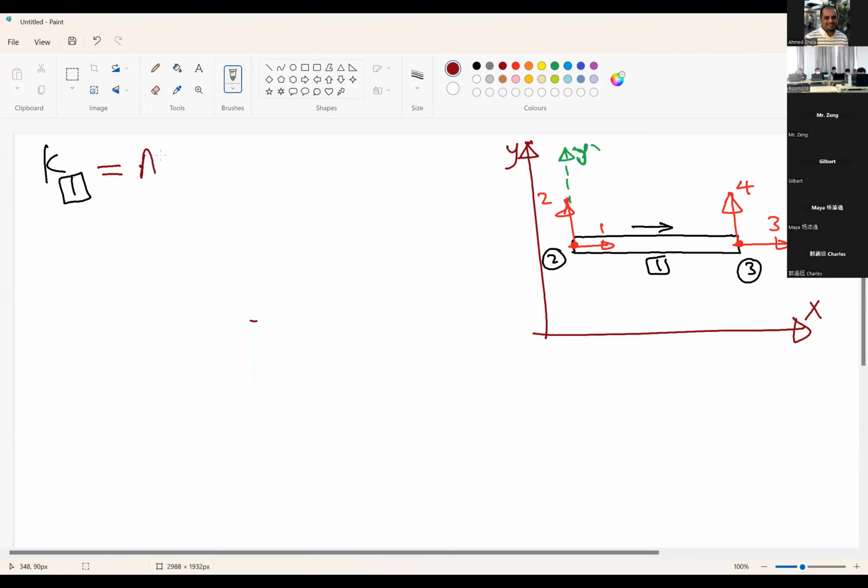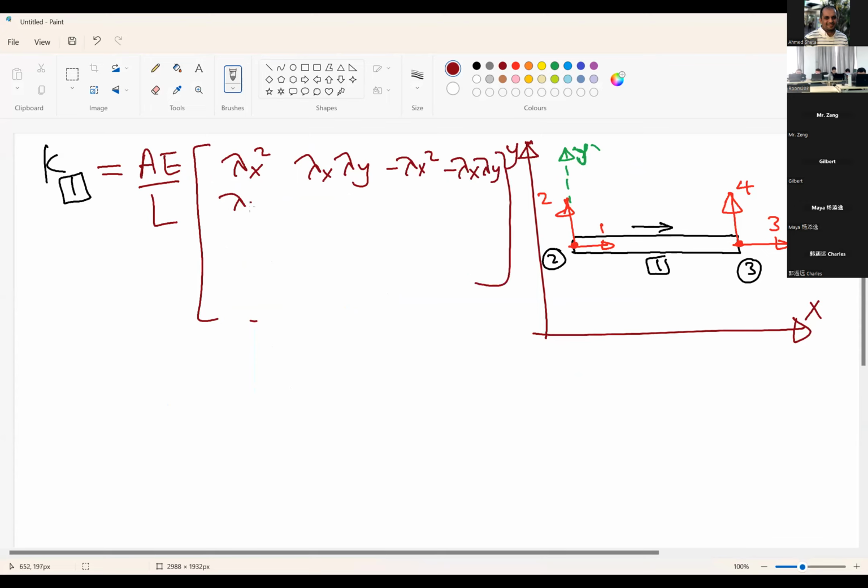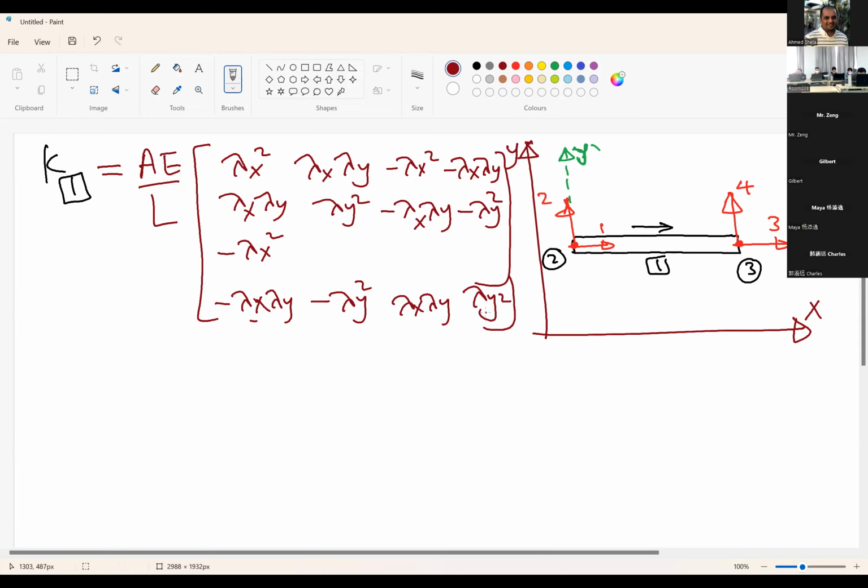K, as you know, is AE divided by L, times the matrix: lambda x squared, lambda x lambda y, negative lambda x squared, negative lambda x lambda y; lambda x lambda y, lambda y squared, negative lambda x lambda y, negative lambda y squared; negative lambda x squared, negative lambda x lambda y, lambda x squared, lambda x lambda y; negative lambda x lambda y, negative lambda y squared, lambda x lambda y, lambda y squared.